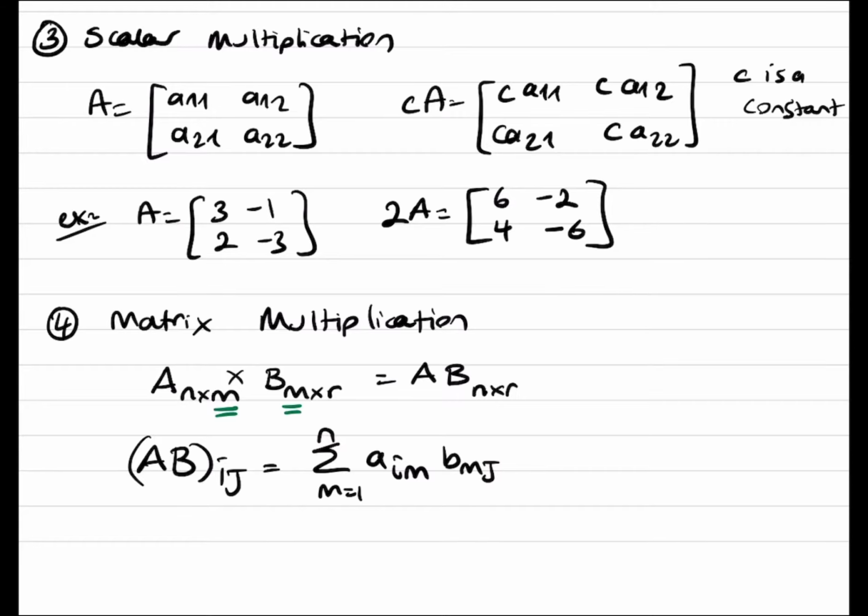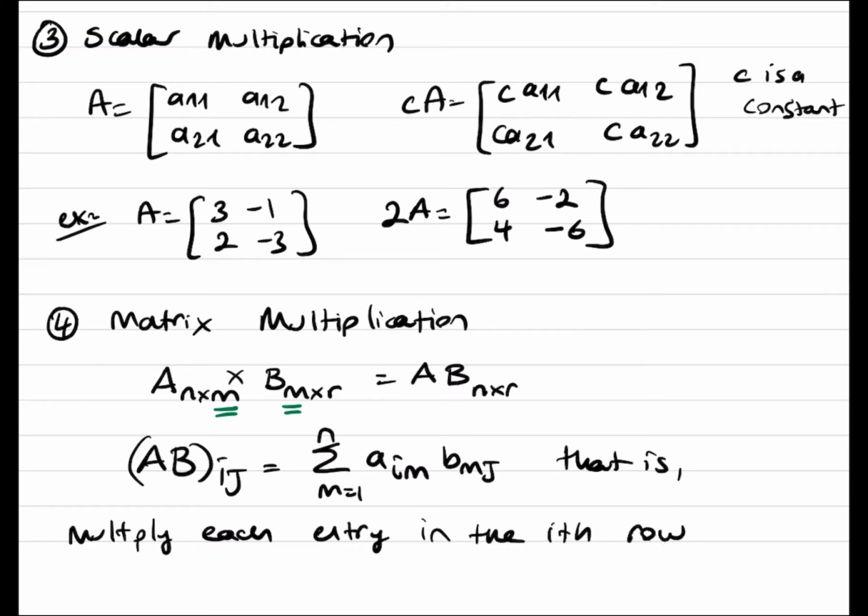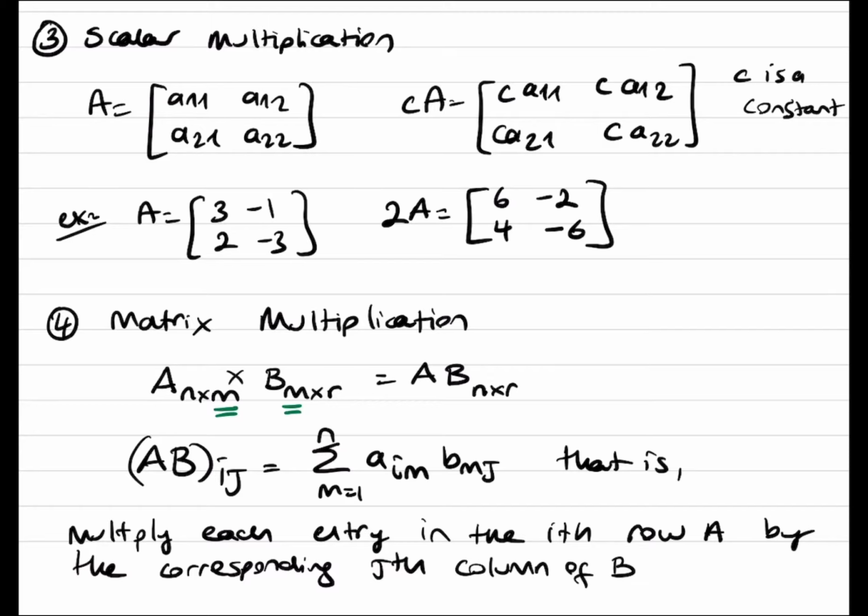What does this mean? Don't worry, I will do examples. We multiply each entry in the ith row of A by the corresponding entry in the jth column of B, and then we add these products.